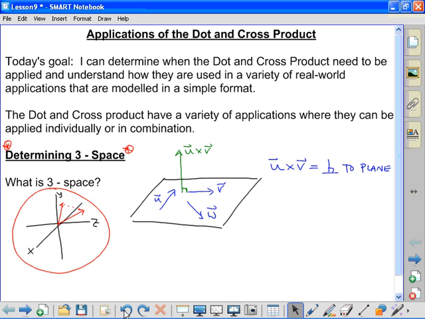Well, if we were to take our results of U cross V, so that's the green vector I've drawn there, one perpendicular to the page, and I did the dot product of W, we have 2 possible outcomes here. And our 2 possible outcomes would be equal to 0 and not equal to 0. If it's equal to 0, then we know the vectors are perpendicular.